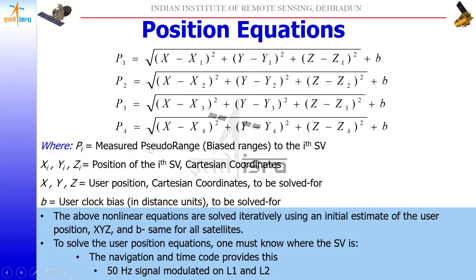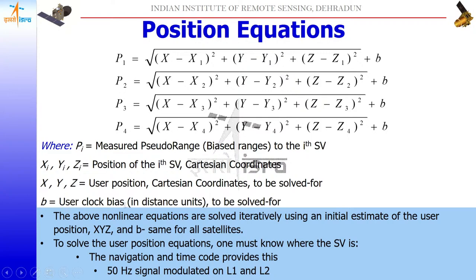Here p is the measured pseudo range, the biased range to the ith satellite vehicle. The position of the ith satellite vehicle is in Cartesian coordinates. You must be thinking what xi, yi, zi are: it's the satellite position. We need the real time satellite position so that we can estimate x, y, z and b.